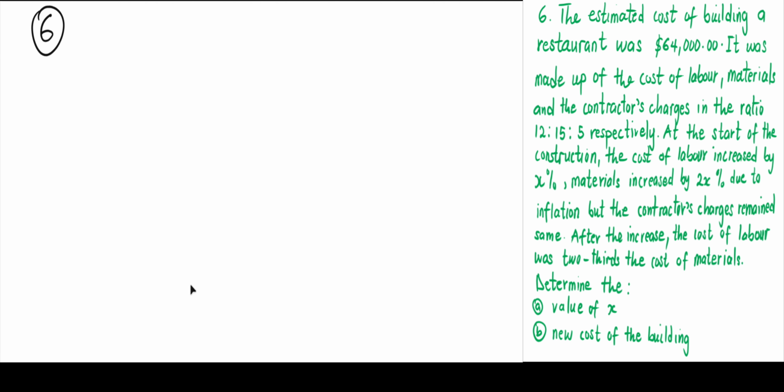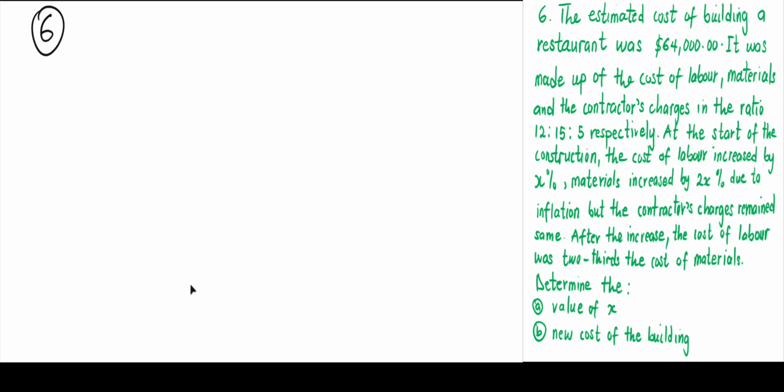Materials increased by 2X% due to inflation, but the contractors' charges remained the same. After the increase, the cost of labor was 2/3 the cost of materials. We are to determine the value of X, that is 6A, and 6B says that we should determine the new cost of building the restaurant.